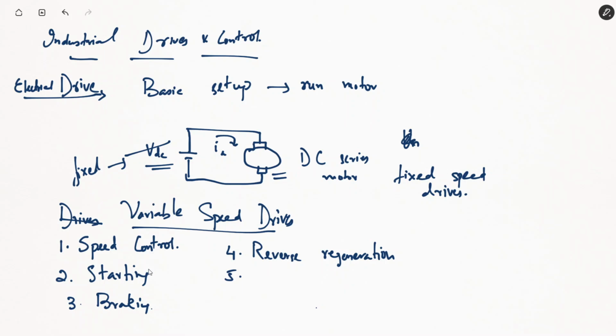So speed control is possible in such a drive. Starting is possible. It can help us in plugging the motor operation. It can help us in reverse regeneration. It can help us in current control, voltage control, flux control. Fine.